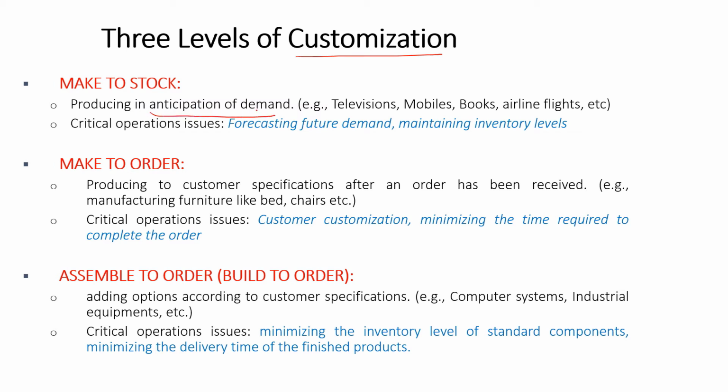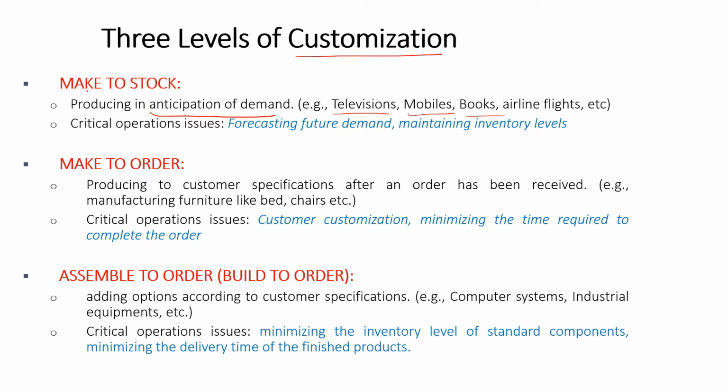So that means we have to forecast the demand, okay, and then based on that forecasted demand we are producing a particular product, such as we are forecasting the televisions, how many mobiles will be required by the customer, how many books will be needed. So we are predicting the demand based on the historical data, and then based on that demand we are producing the product.